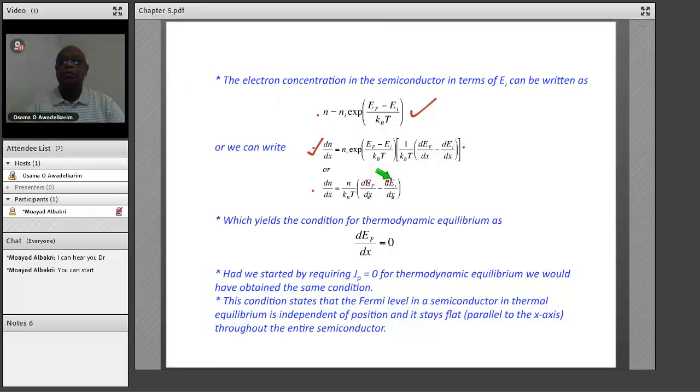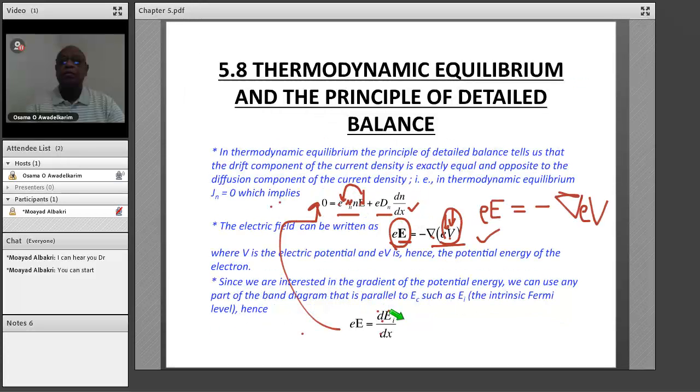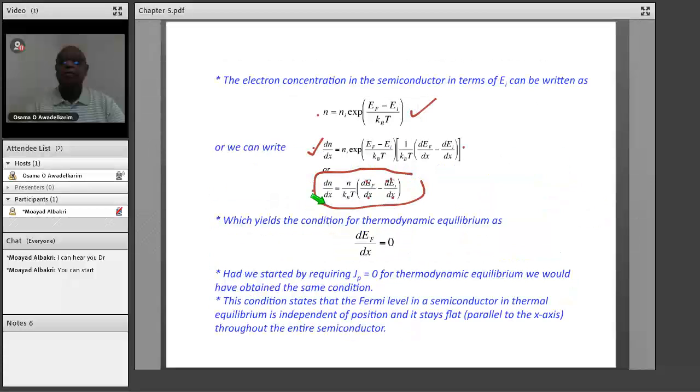So, if you substitute this for dn/dx, and if you substitute this for small e times capital E in this equation, and reorganize the equation, you immediately arrive at this result. This result simply tells us that the gradient of the Fermi level in an n-type semiconductor is equal to 0 in thermal equilibrium, in thermodynamic equilibrium.